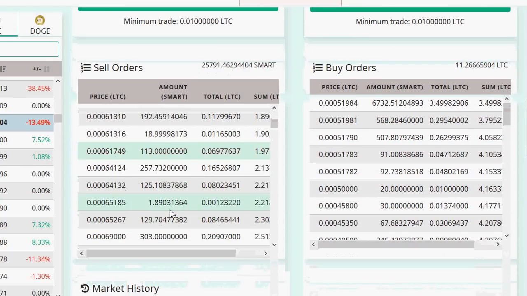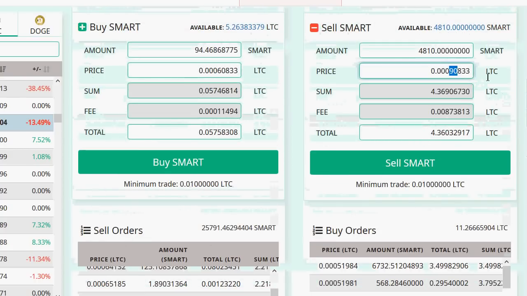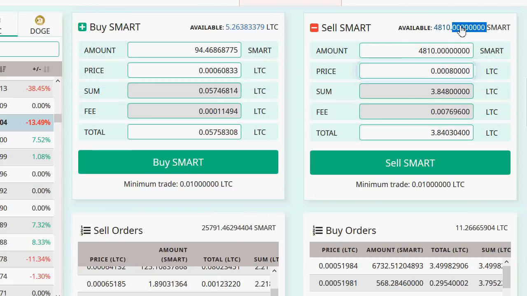Okay, let's do... You know what? Let's go for the big score. Let's do 80 though. So it's 3.84. That's the differential of 1.34.